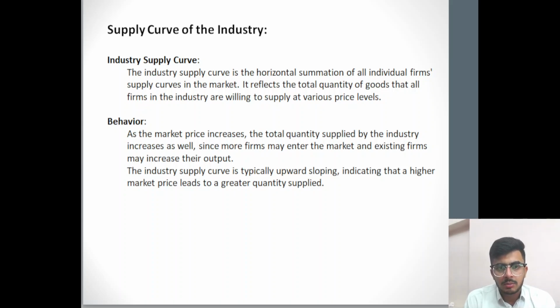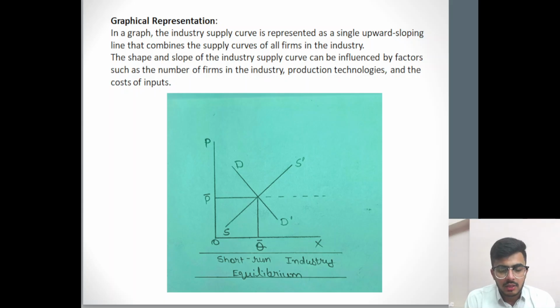Since more firms may enter the market and existing firms may increase their output, the industry supply curve is typically upward sloping, indicating that a higher market price leads to a greater quantity supplied.